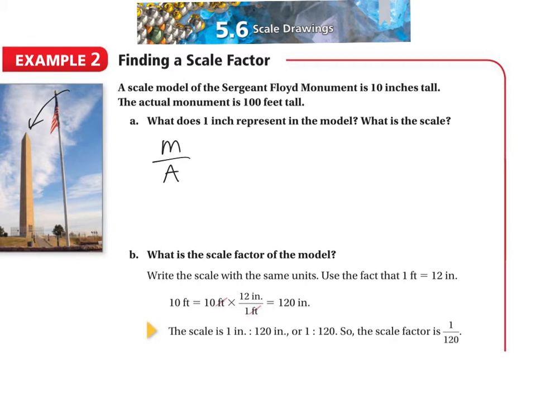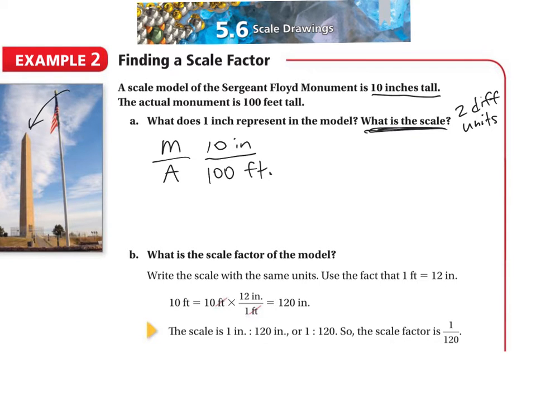There are really two different things that they ask. They want to know what is the scale, and the scale is always two different units, and I'm going to abbreviate. All right, so we're talking centimeters and miles, or in this particular problem, 10 inches for the model, and the actual monument is 100 feet.